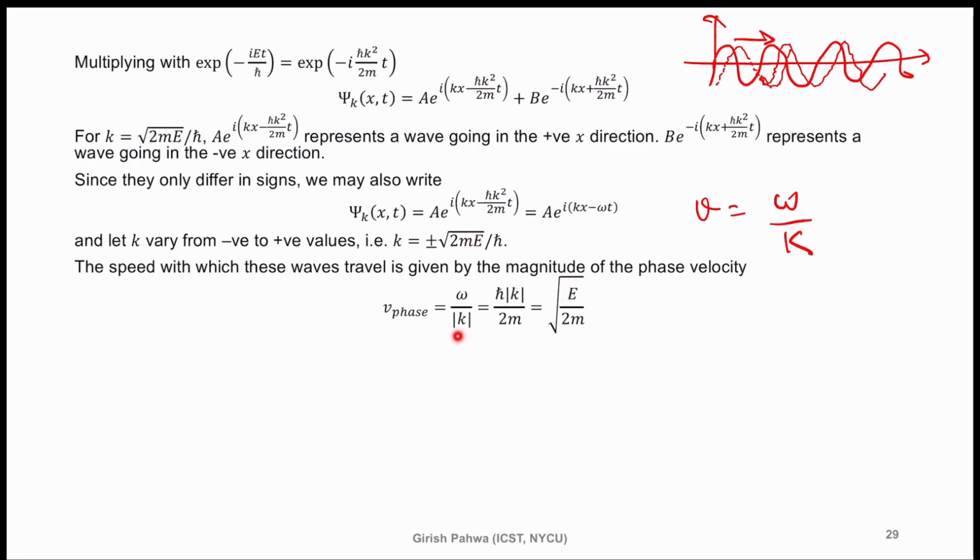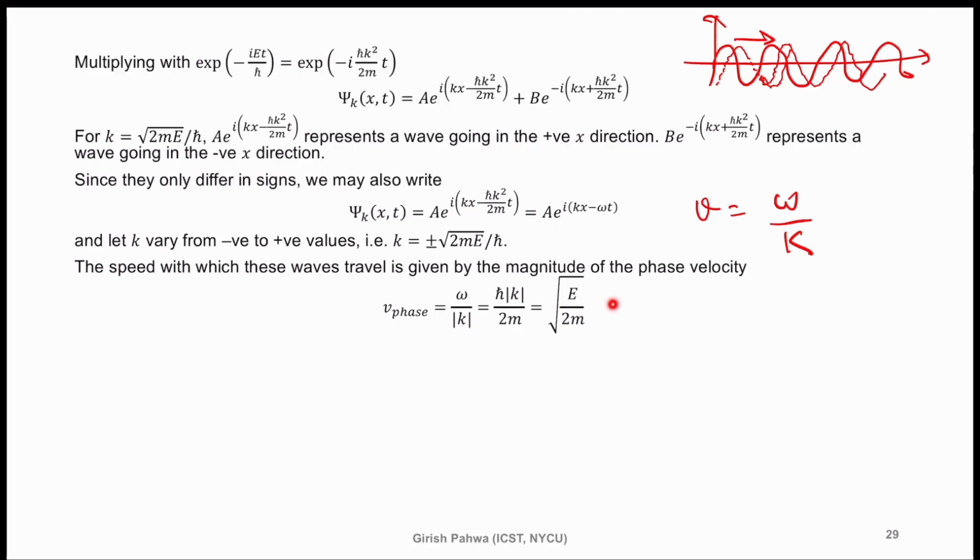That's what you get. So what we are saying is that the free particle is being represented by a wave which is moving with this velocity.